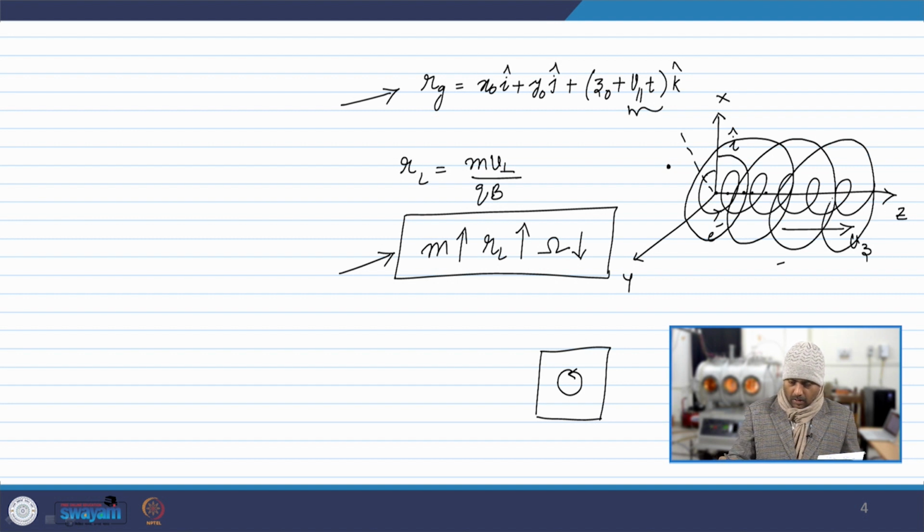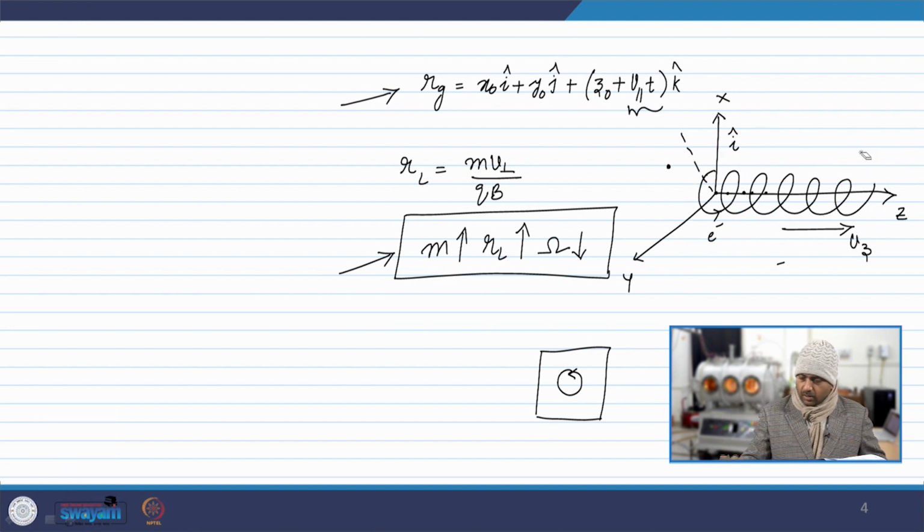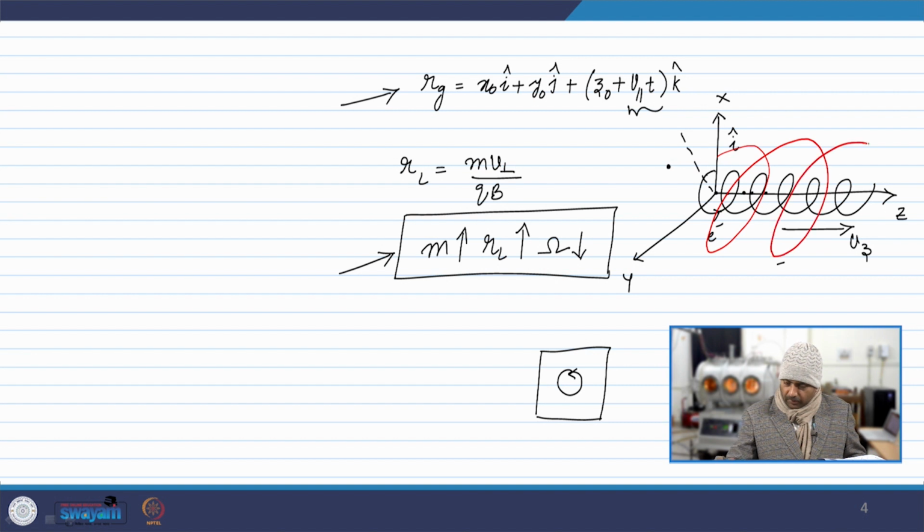Maybe I can draw it with a different color, it will be easier for distinguishing. So, the particle will move in a larger radius, but still a helical path.